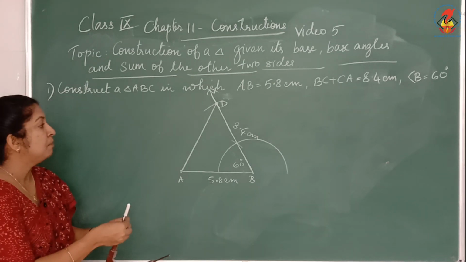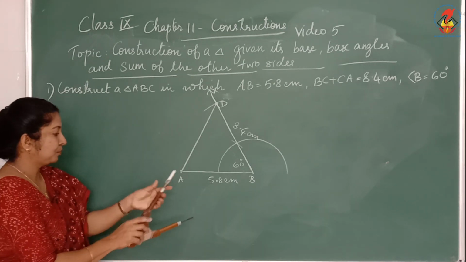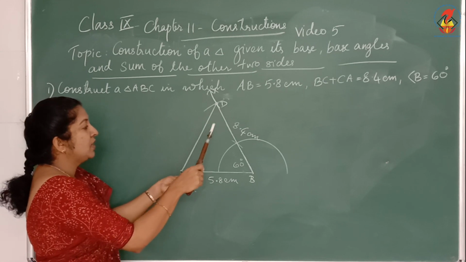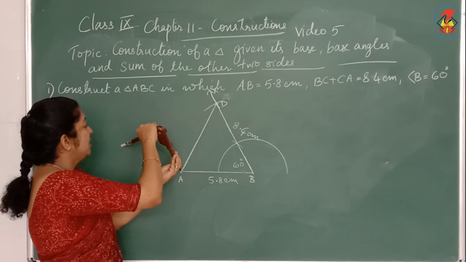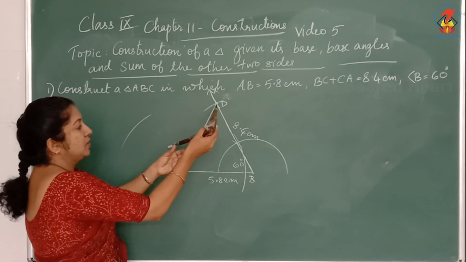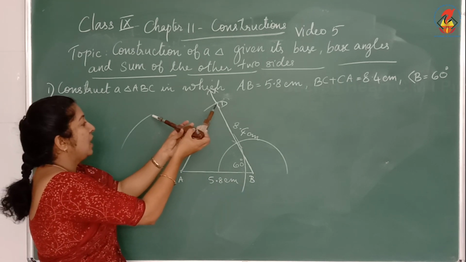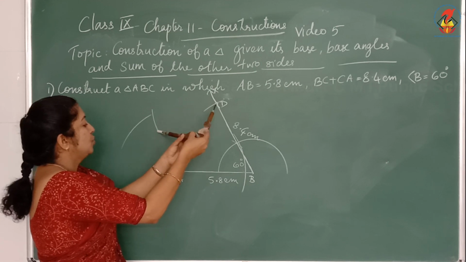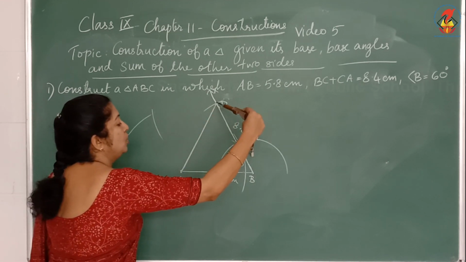So take more than half of AD and draw two arcs from A with the same radius, two arcs from D also.